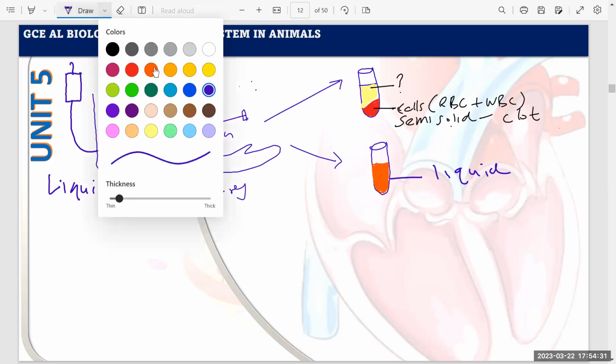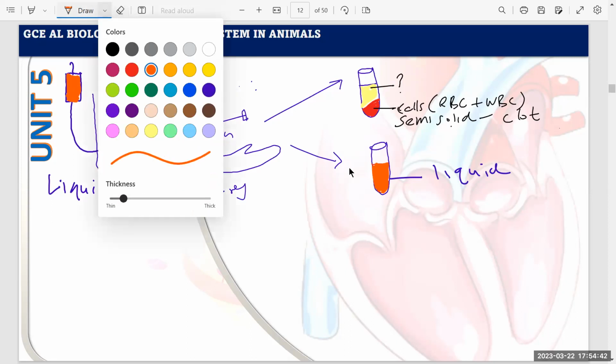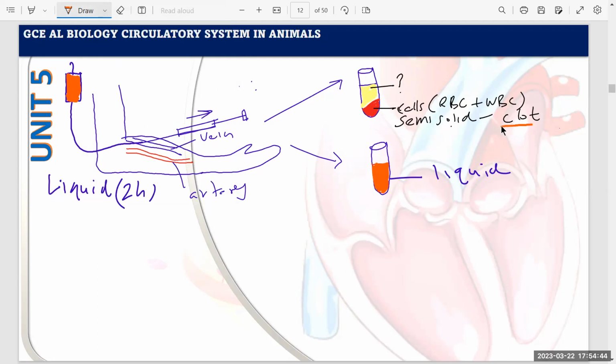Okay. Now, why then does it stay as a liquid here is the question. Here it clots, and here it does not clot. We will try to find the answer at the end of why this is happening.